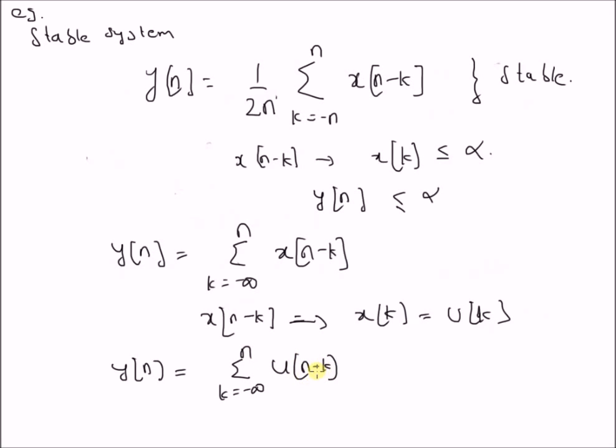And u of n minus k is always 1 for n greater than k. So even though the input is bounded and basically a constant for each value of k, the output can be potentially infinite because you are adding an infinite number of values. So this is an unstable system.